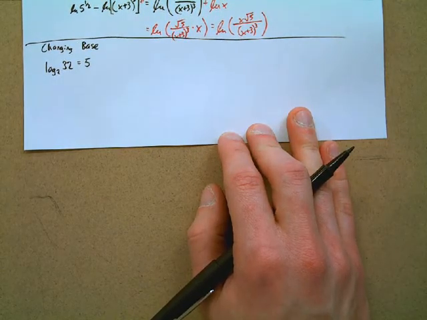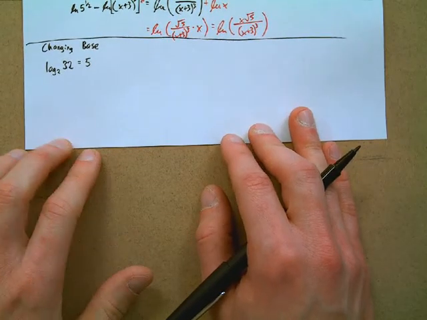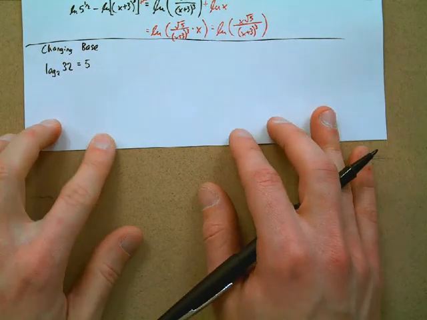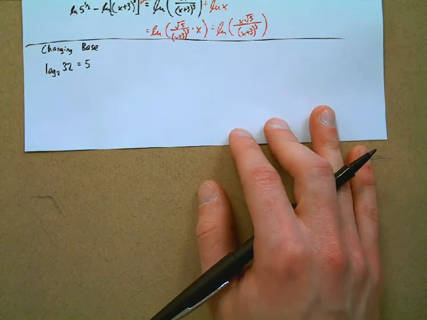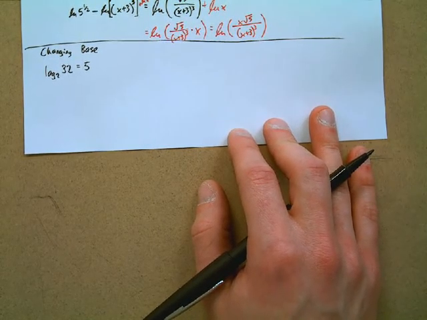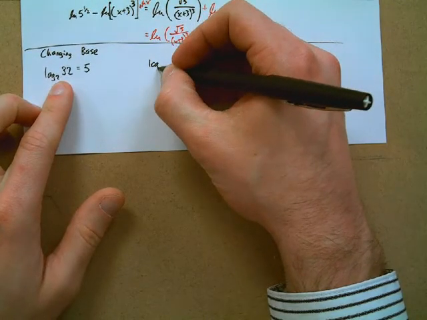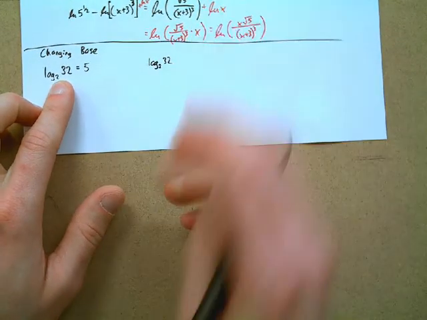So instead, we take this log base 2 of 32, and we're going to rewrite it in terms of another base, equivalently. So the same value. It turns out that log base 2 of 32 is the same thing as log base 10 of 32 over log base 10 of 2.